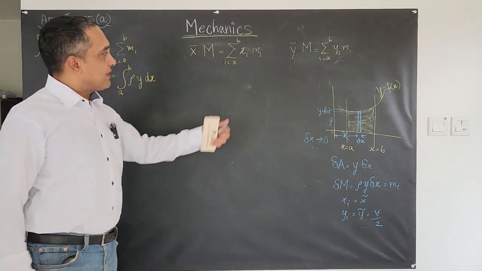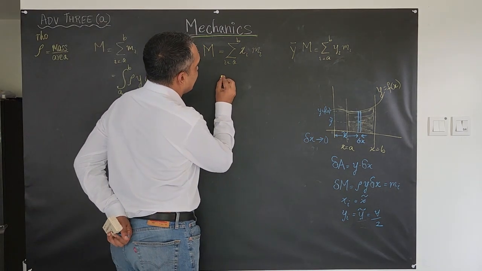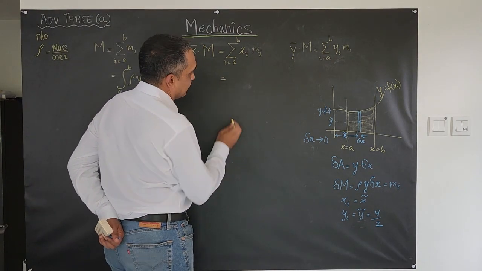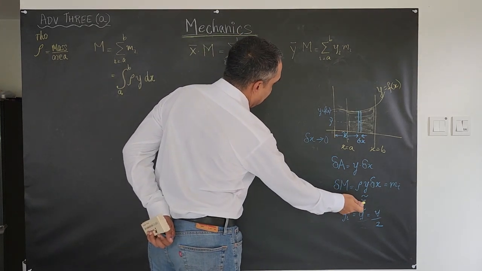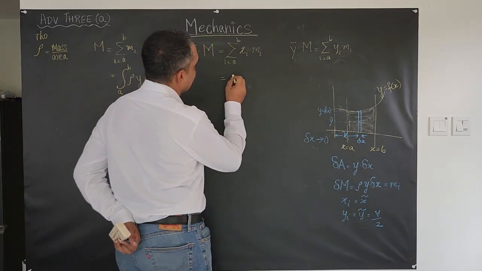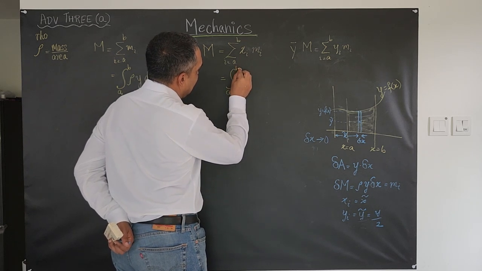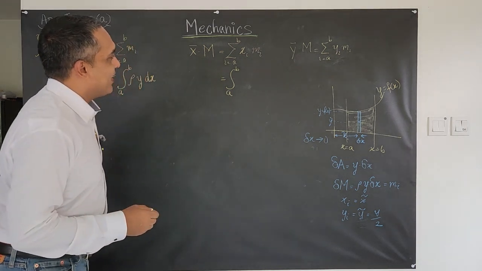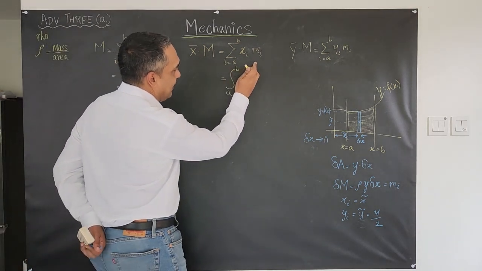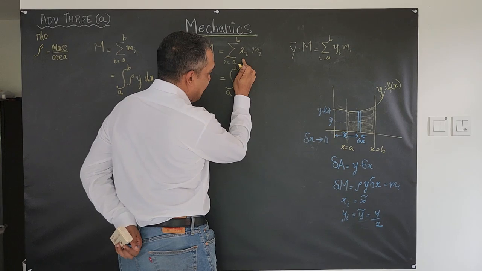Now what happens to this side here? This side would now become the integral from a to b, sorry, of the little mass and x.